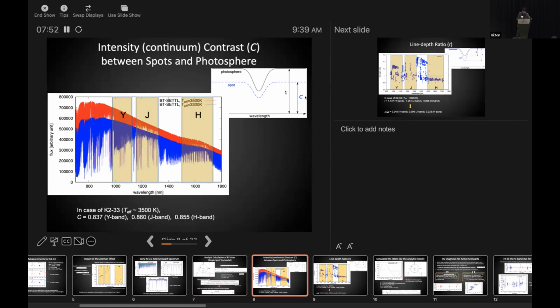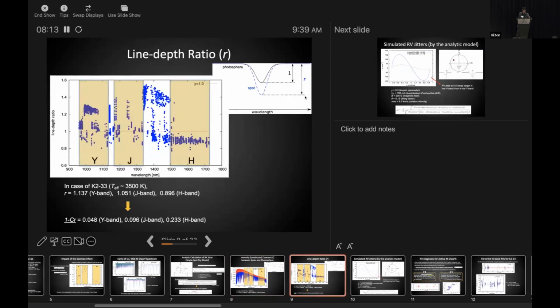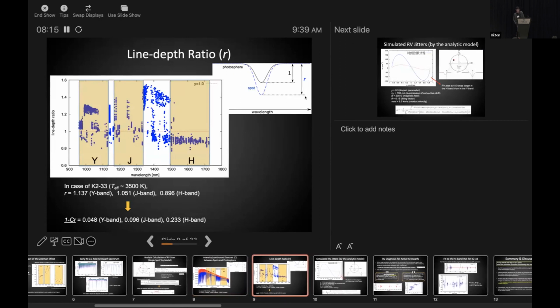And for a K233-like star with an effective temperature of 3500 Kelvin, C is about 0.84 or 0.86 in the near infrared. It doesn't vary a lot in the near infrared between YJ and H band. But for R, the line depth ratio, the situation is quite different.